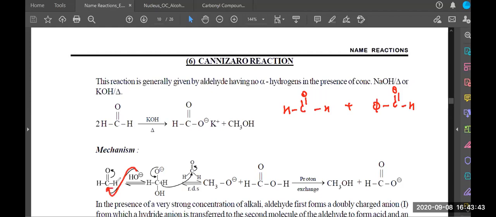So OH will not act as a base, it will act as a nucleophile. It doesn't have any other option. Now, the non-intuitive thing that will happen over here is removal of this H. Since this is the non-conventional step, that is why it is your rate determining step. Removal of H minus is your rate determining step.